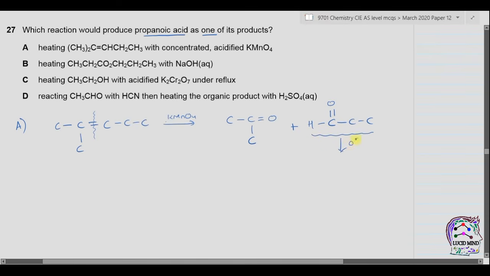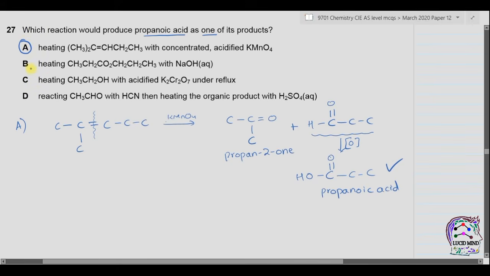It will be further oxidized and converted into carboxylic acid. Now let's find out the names. This one is propan-2-one. This one is propanoic acid. The question said which reaction would produce propanoic acid as one of its products. So one product is propanoic acid. So part A is the possible answer.